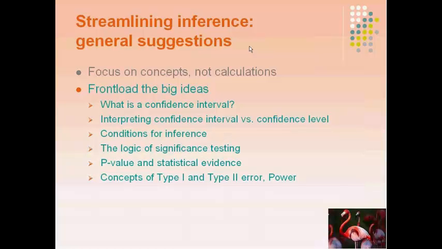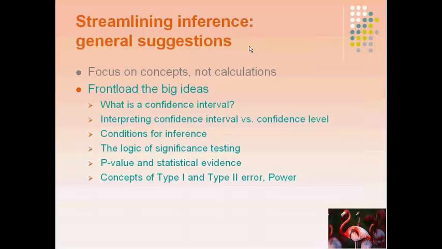When interpreting the confidence level, we want them thinking about the capture rate of the method. We don't want them to mix the two. In fact, when my students do a confidence interval free response question, I don't ever expect them to interpret the confidence level unless I ask them to. I've instructed them not to try to interpret the confidence level unless they're specifically asked to, because they'll start marrying the two interpretations together in really bad ways.